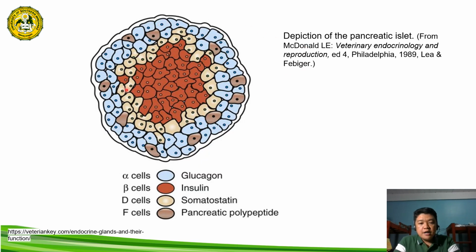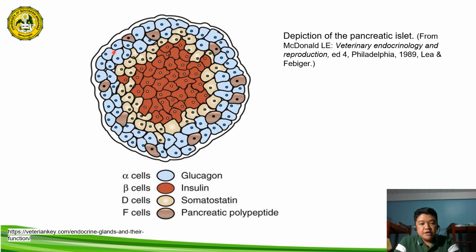A closer look at the pancreatic islet shows the different cells of the endocrine tissue. In the central portion, we have the beta cells that are responsible for insulin production.